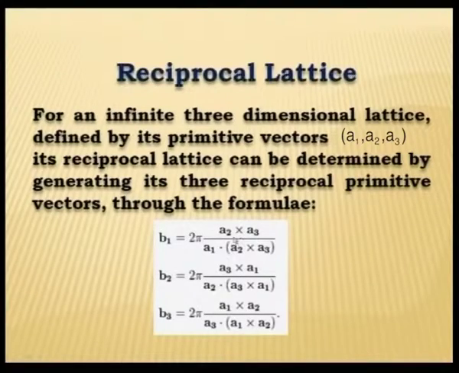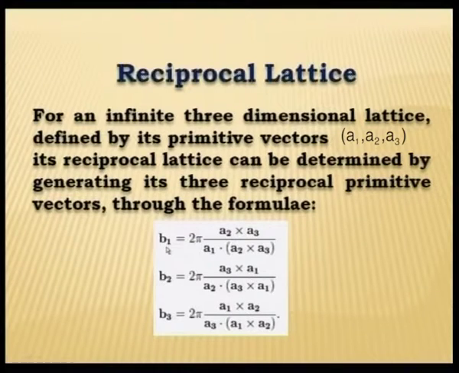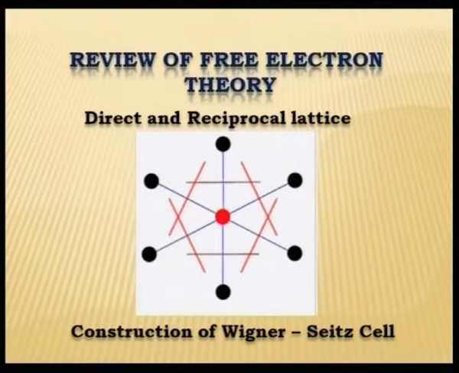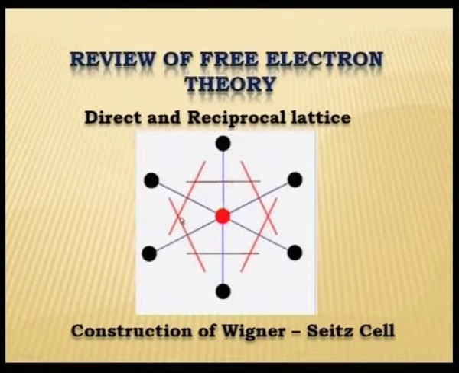Then you can generate B1, B2, B3. They are the primitive translation vectors in the reciprocal lattice. B1, B2, B3 are given by the cyclic relations, right. So, if B1, B2, B3 are the primitive translation vectors, then you take any point here and translate by B1, 2B1, 3B1, translating the lattice points.